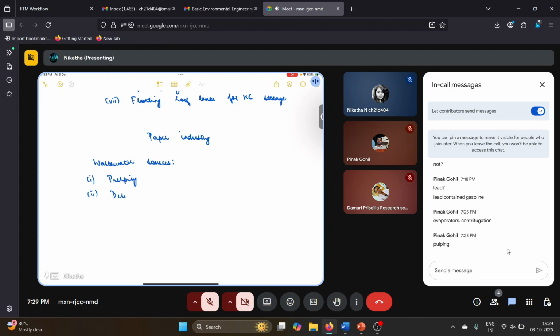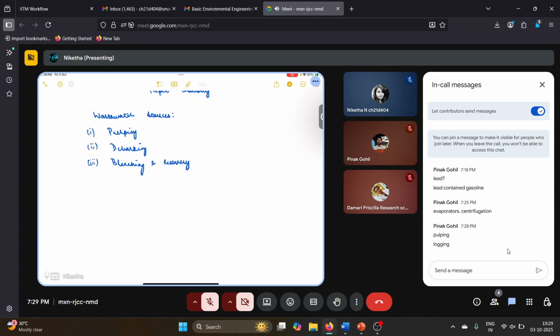Second, debarking. The third one is bleaching and recovery. Fourth one is the washing process. And finally, the actual paper making process.